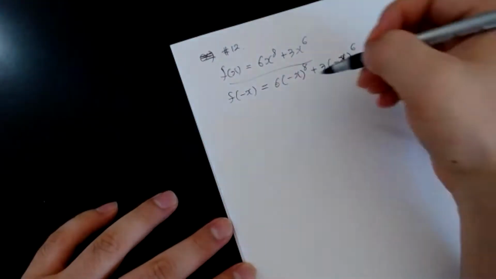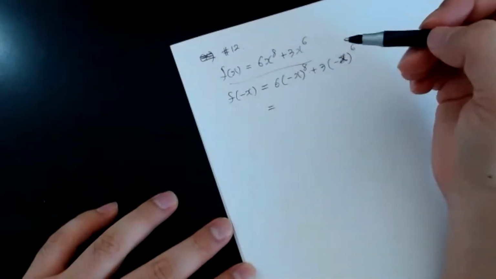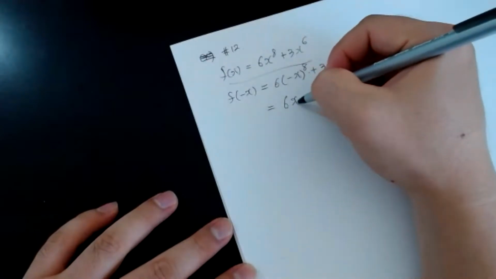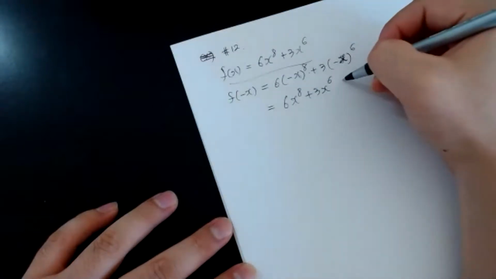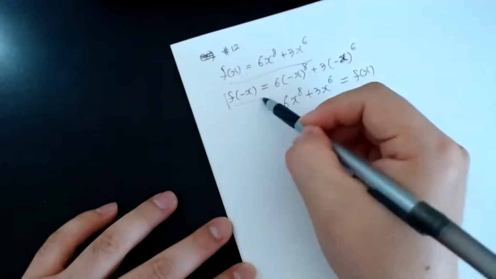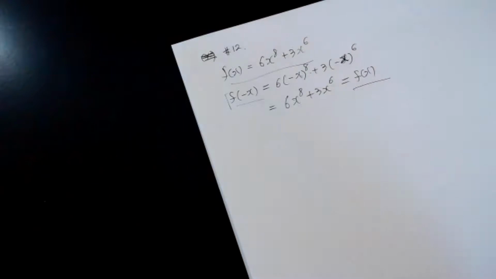Negative x to an even power is just x to that power, so we get 6 times x to the eighth power plus 3 times x to the sixth power, which is exactly the same as the definition of f of x. Starting from f of negative x, we end up with f of x. So f of x must be an even function.